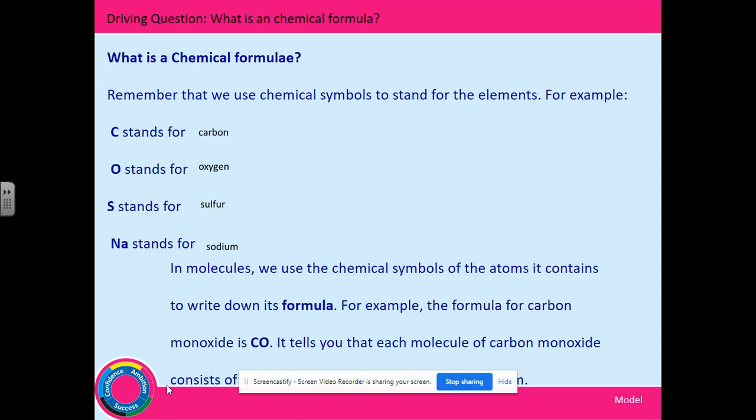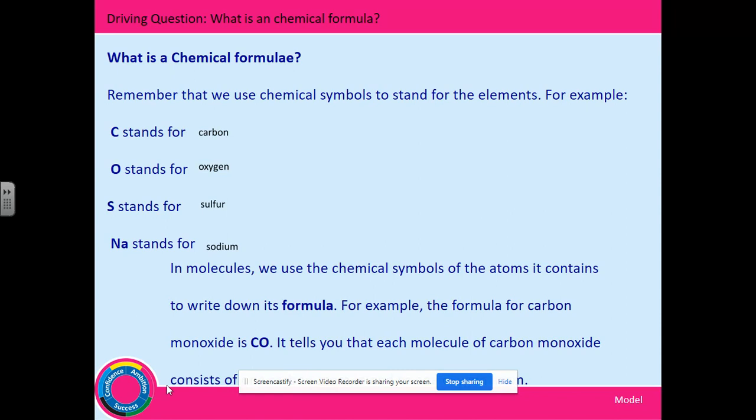Can anyone remind me of what a molecule is? If not, a molecule is a neutral group of two or more atoms held together by chemical bonds, right? So in a group of atoms that are held together, we can use the chemical symbols of the atoms it contains to write down its formula.